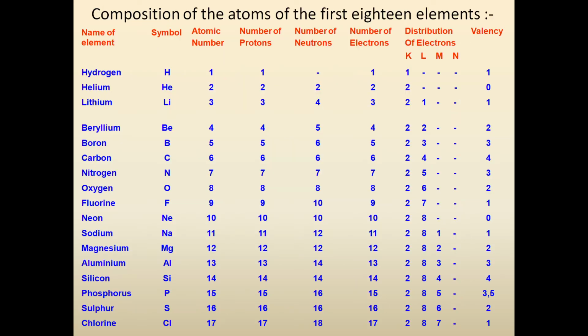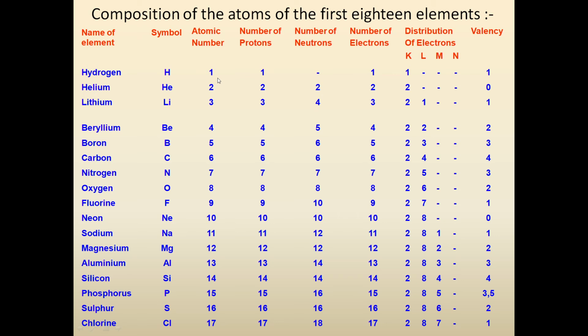Now, let us talk about the composition of atoms of the first 18 elements. This table is given in your NCERT book and this is very, very important. What you have to learn from this table? You have to learn the symbol of the element, like hydrogen has symbol H. Then you have to learn the number of protons present in it, because the number of protons present in an atom is equal to the atomic number.